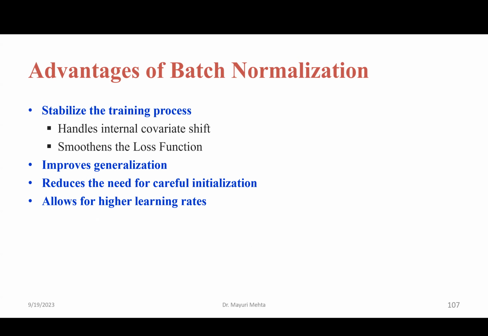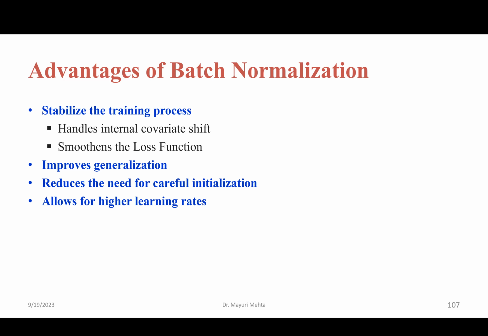So how? When we say that it speeds up the training of the neural network, it is actually because it handles two things. The first thing is it handles internal covariate shift of data. I told you some time ago that this is a very well-known term in neural network terminology.